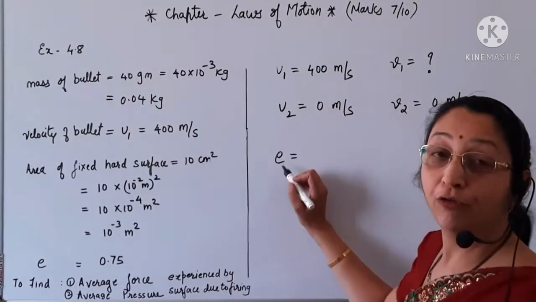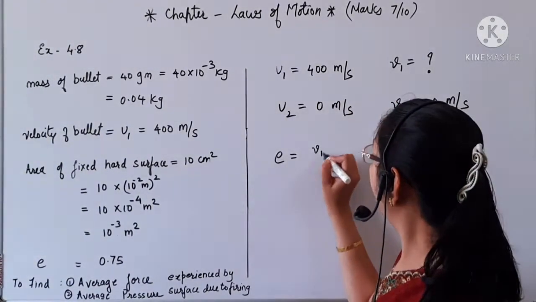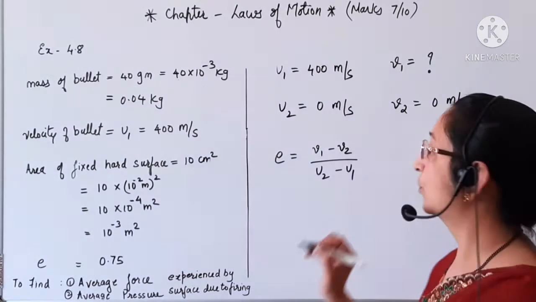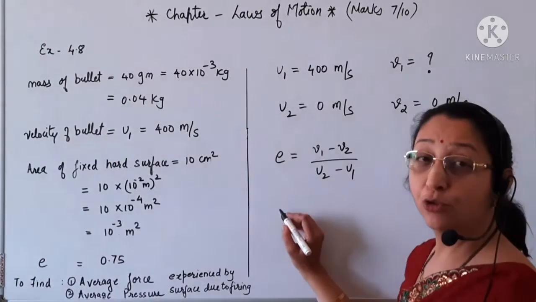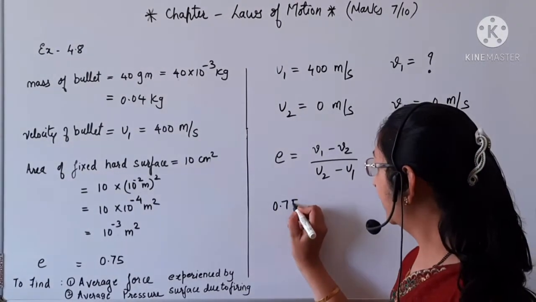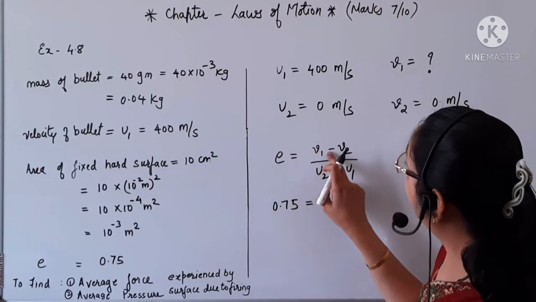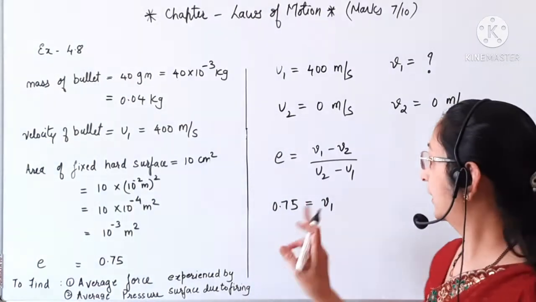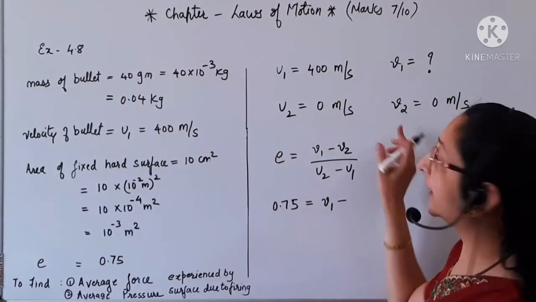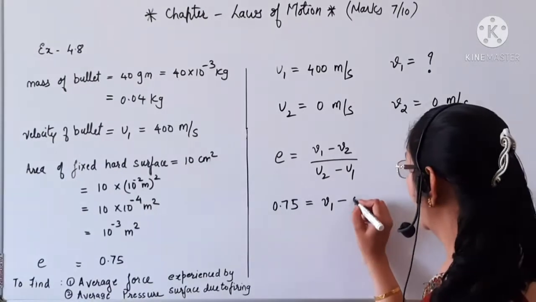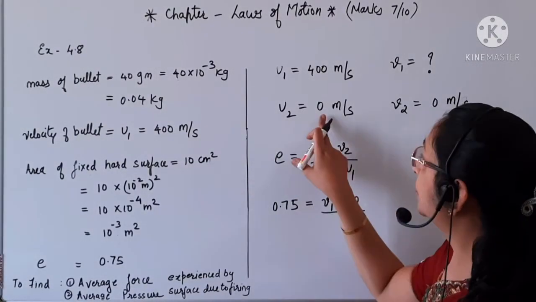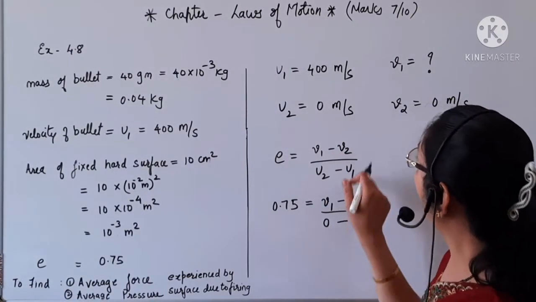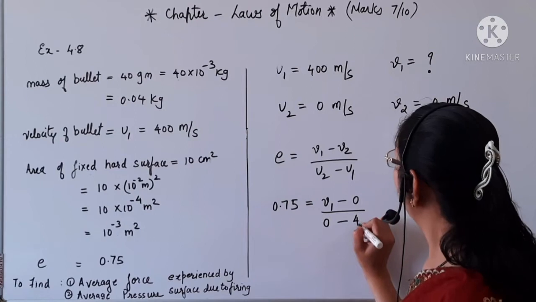Now the coefficient of restitution e is (v1 minus v2) upon (u2 minus u1). The coefficient of restitution given is 0.75. Now v1, the final velocity of the bullet, we don't know. v2, the final velocity of the hard surface, is 0, upon u2, the initial velocity of the hard surface, which is 0, minus u1, the initial velocity of the bullet, which is 400.